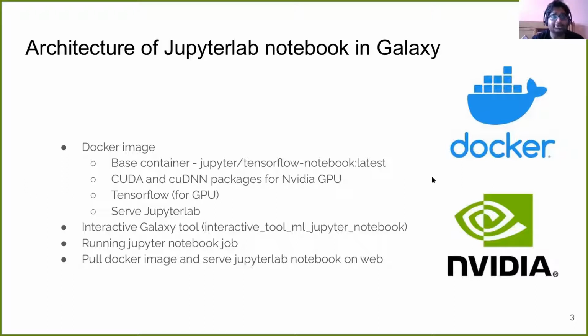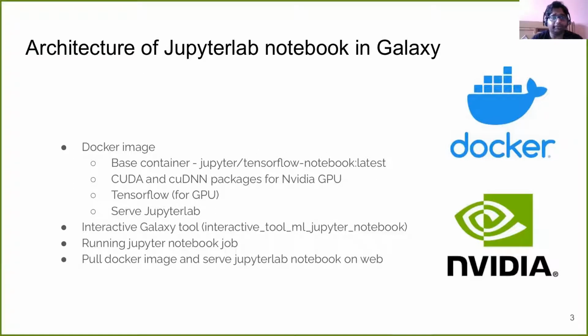On top of these packages, we have made the image to run on GPUs by installing CUDA and CUDA DNN deep neural network packages. These packages support NVIDIA GPUs on the machine it's running.